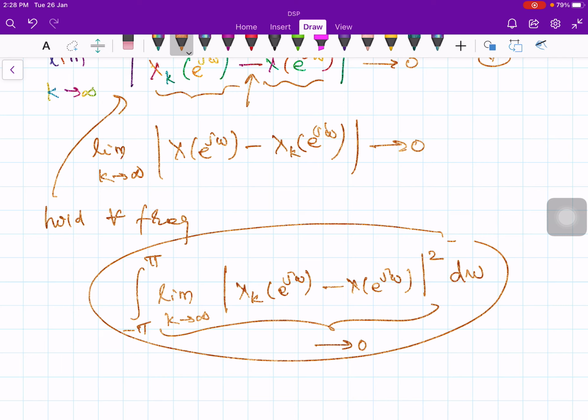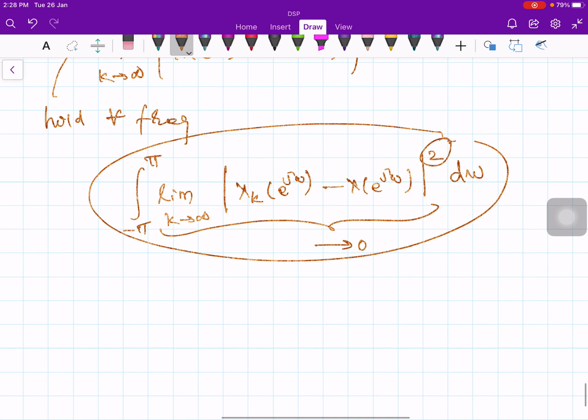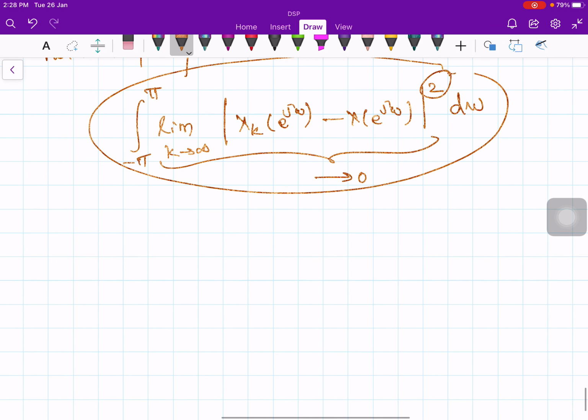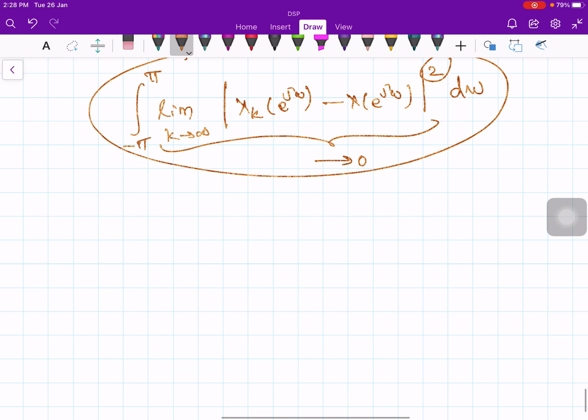If you don't take the square, the limit may not converge. But squared, the error in the frequency domain converges to 0 as k goes to infinity. Now there are sequences which are neither absolutely summable nor square summable, but still the DTFT does exist. This is an important point.